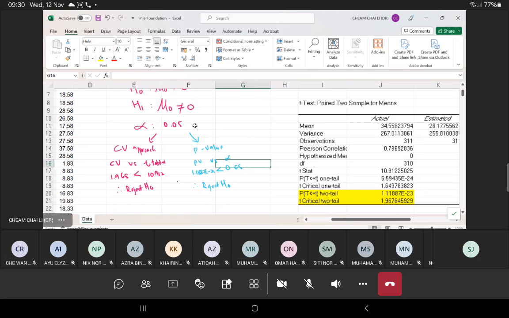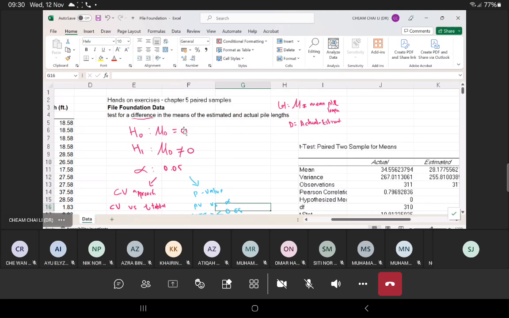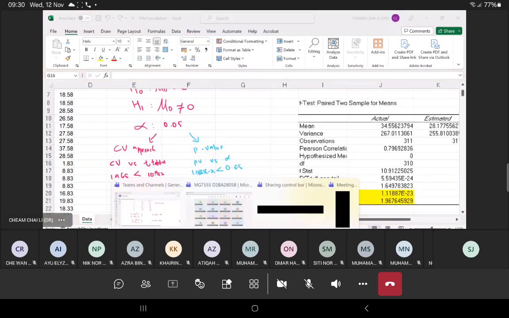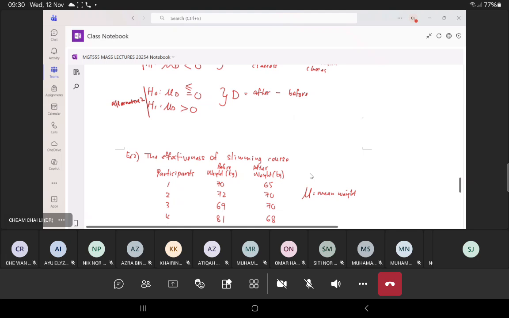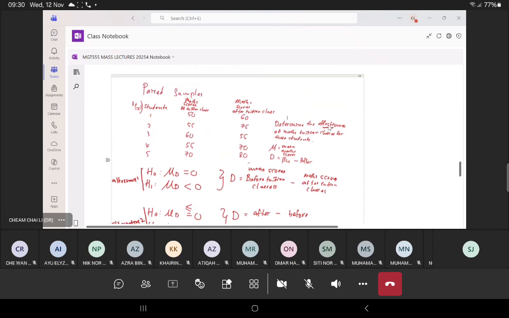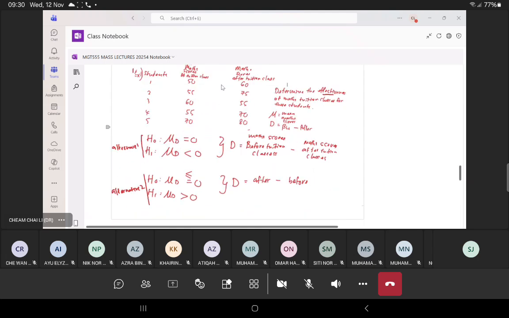Yeah. So this is the situation where you have the alternative hypothesis not equal to, right? Not equal to. Kalau you ada hypothesis yang berbentuk macam ini, right? That's the effectiveness, right? So you kena tengoklah you ambil before tolak after ke atau after tolak before. And if you have this situation, right? There is no more one tail, no more two tail, right?